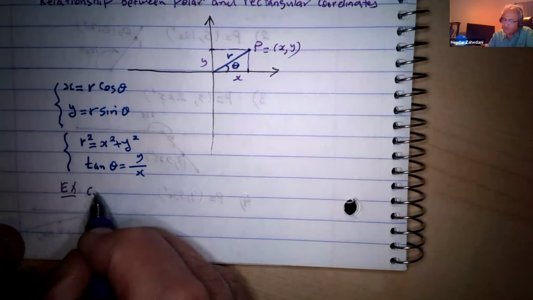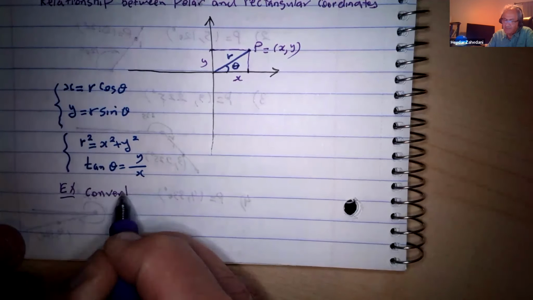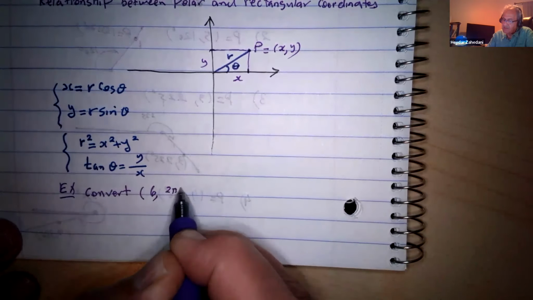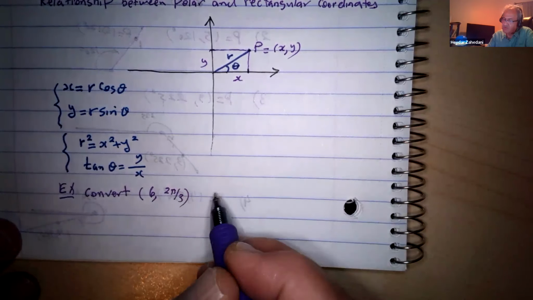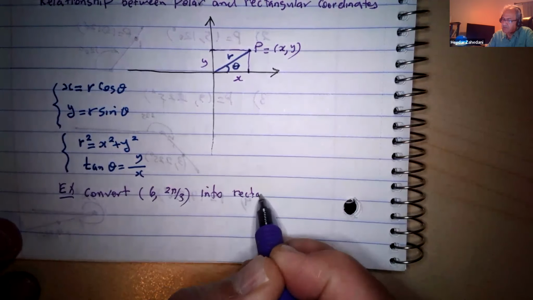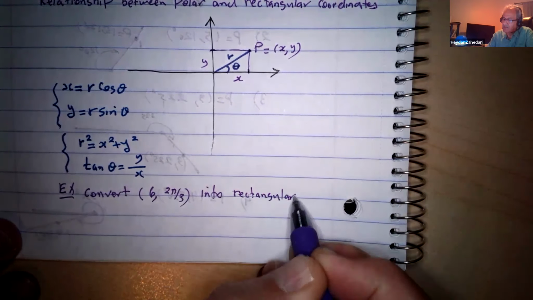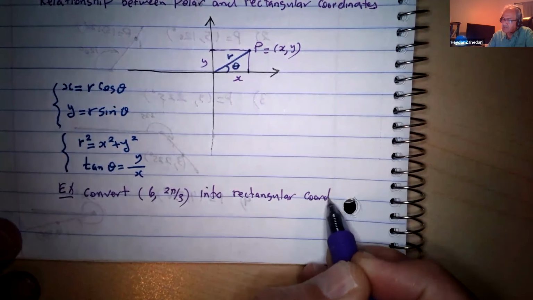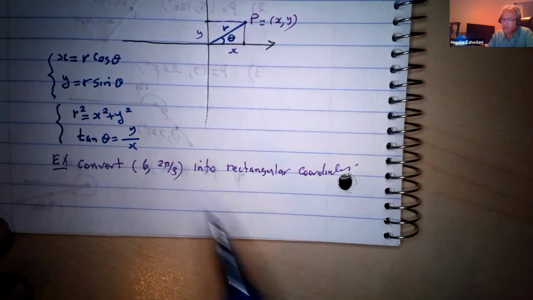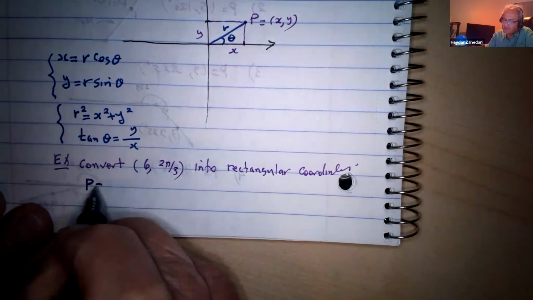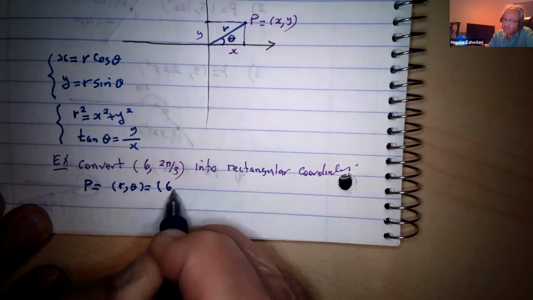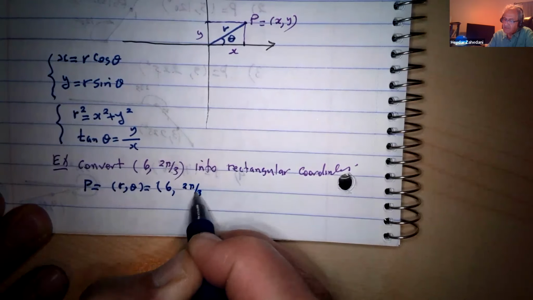So for example, if you want to convert the point (6, 2π/3) into rectangular coordinates, we are going to call this point P. It's in polar form, so R and theta are given to you, which are 6 and 2π/3.